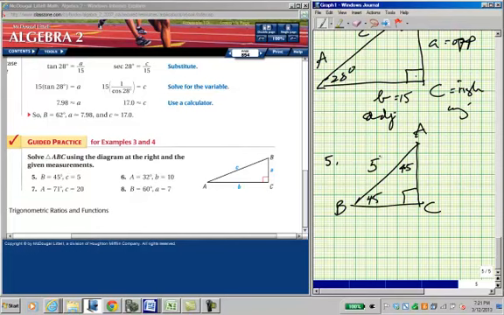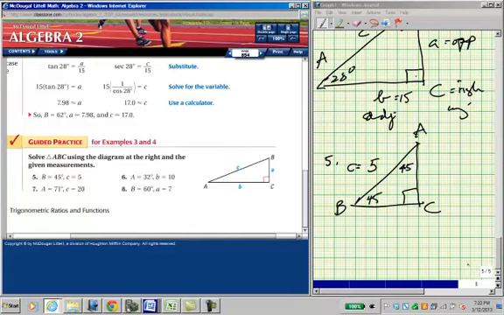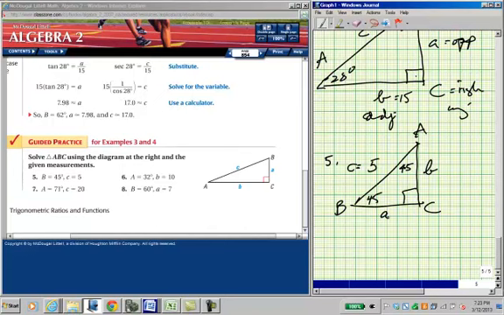Now, we know that the side times the square root, so we got side B and we got side A. Alright, now what do we know?